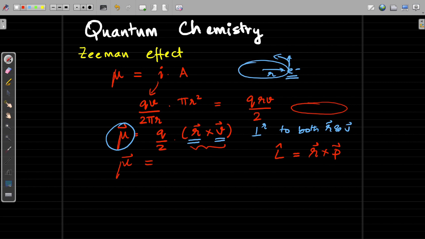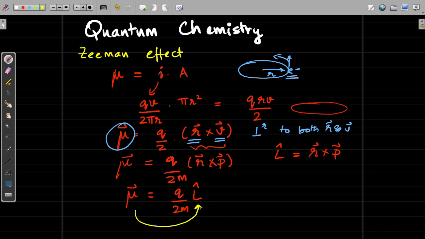So the simple manipulation that one could do is to take the mass and then get an r cross p. So we are able to understand one of the very important conclusions: the magnetic dipole moment goes along with the angular momentum vector. This is a very important connection.